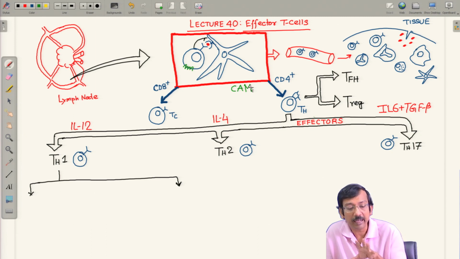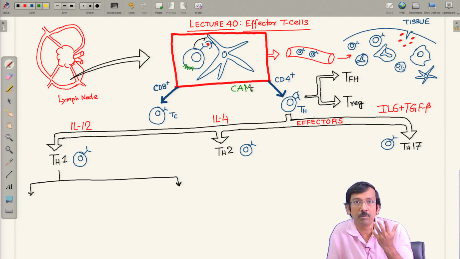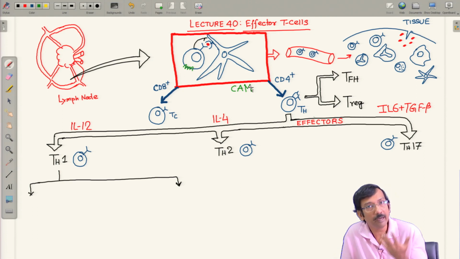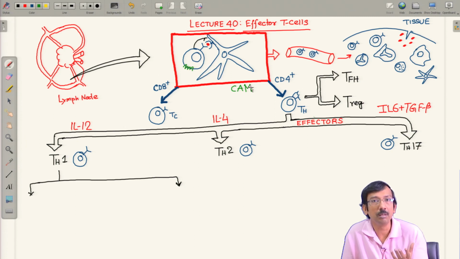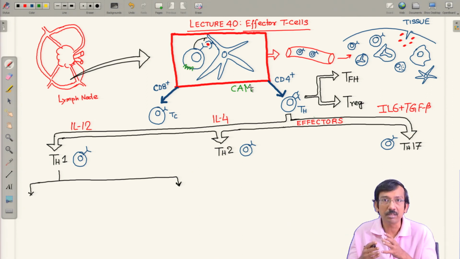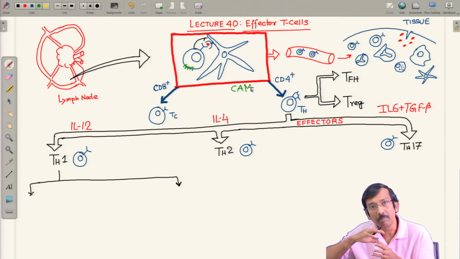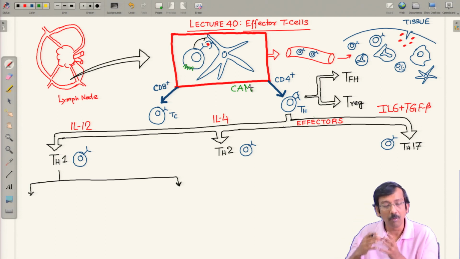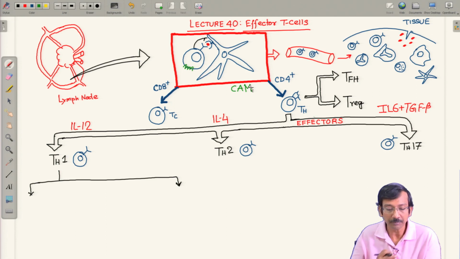These CAMs are expressed on the surface of different cell types, on the endothelium, on the lymphocytes, and many other immune cell types. They help in adherence and migration of the lymphocytes from one place to the other.